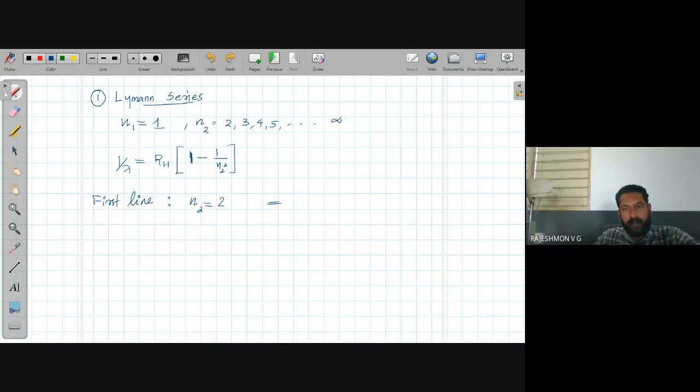This implies 1 by lambda is 1.097 into 10 to the power 7 into 1 minus 1 by 4. Or lambda is equal to 4 divided by 3 into 1.097.